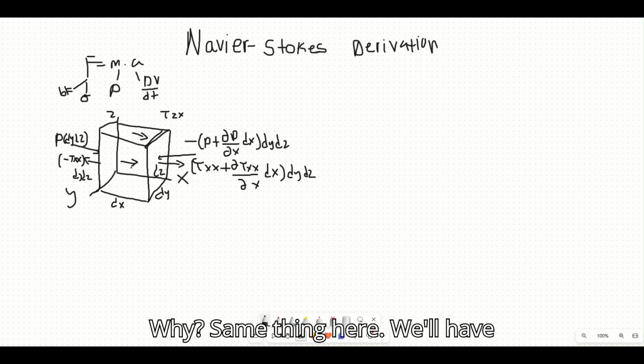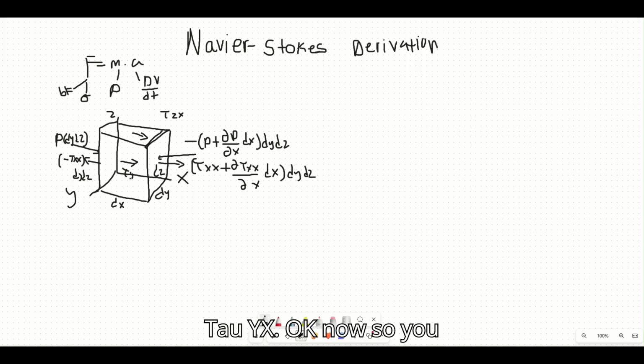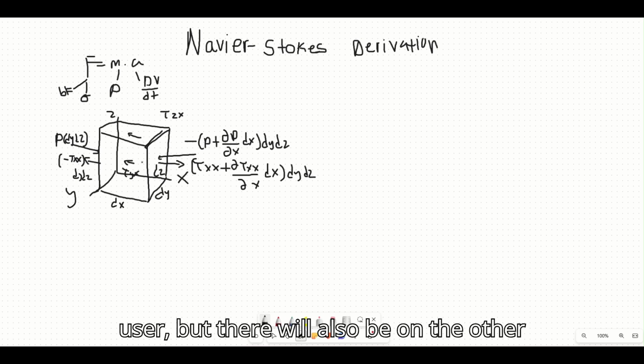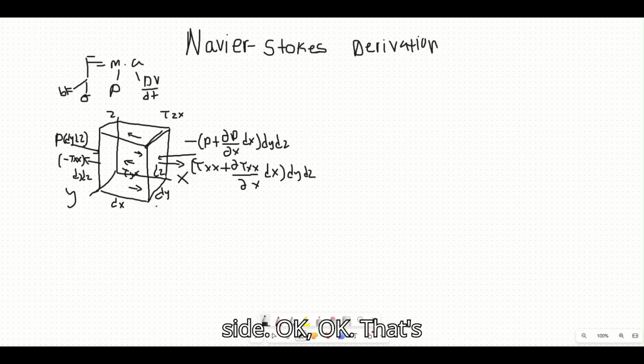And y, same thing here, we'll have tau yx. Now to make this a little easier, I should actually flip the direction of these over here, but remember they'll also be on the other side, in that other direction. Okay, that's the shear.